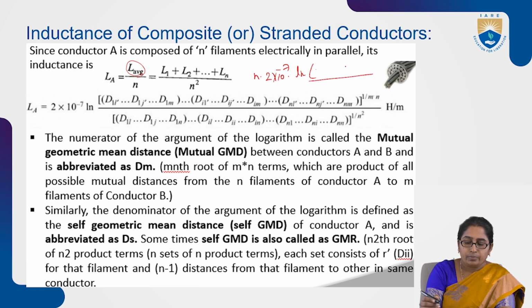Okay. So remember for the ith conductor, I am talking about the inductance of the ith conductor, so D I1, right?